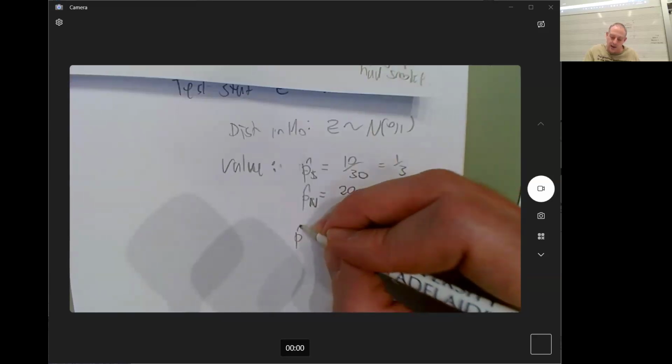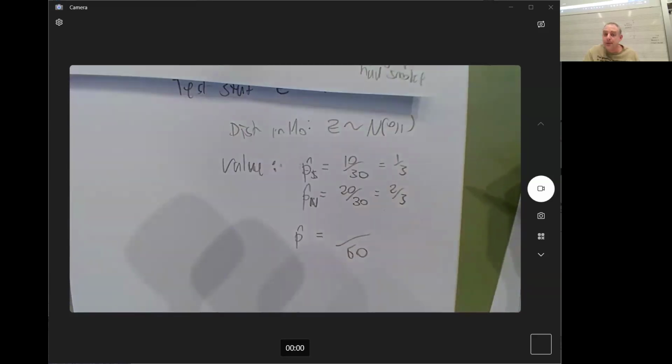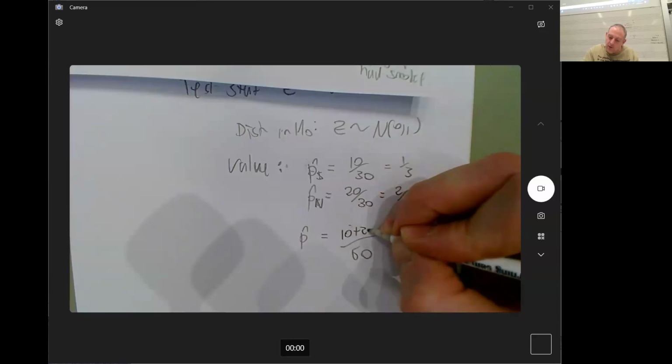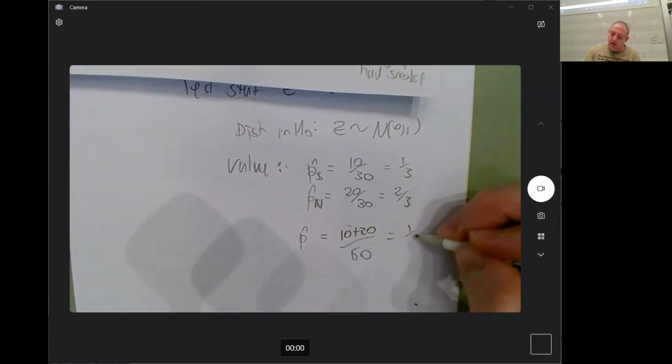And P hat, well, there's 60 people total, and 30 of them liked the wine. So this is the 10 plus the 20 people. That's what you do. You combine them all into one giant group. There's 60 people total, and the number of people that liked the wine was 30. And so we get a half.